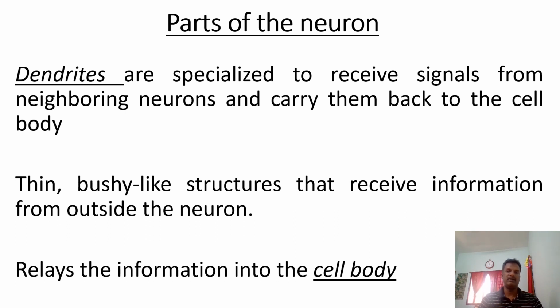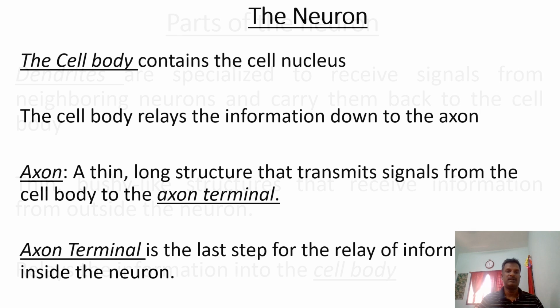So how do they look? They are the branching structures which will be receiving as many inputs as needed depending upon the application which the human being is taking upon. Or you can say that they are able to relay the information from the external environment to the cell body. In short, these are the input elements of the neuron.